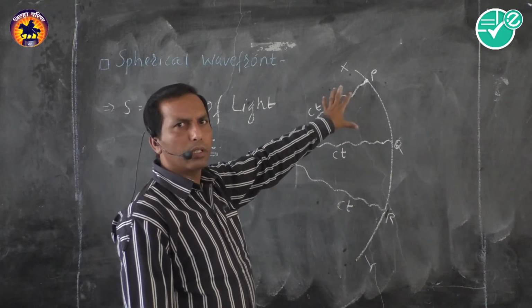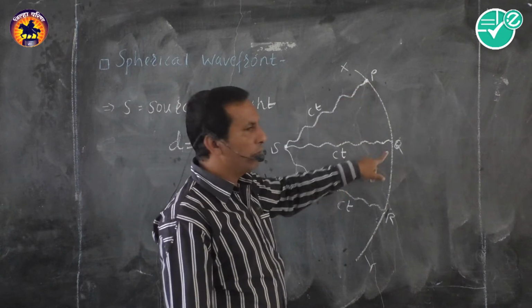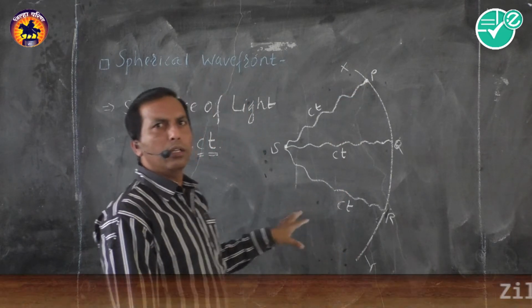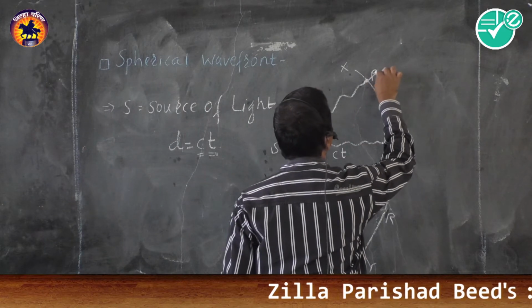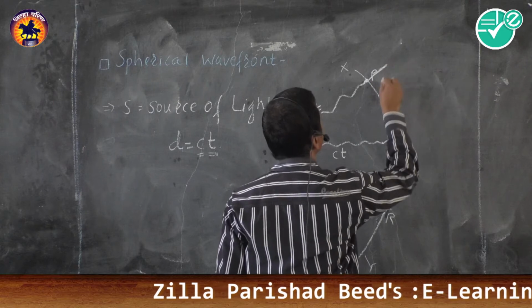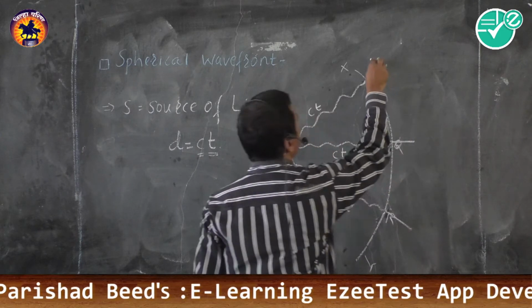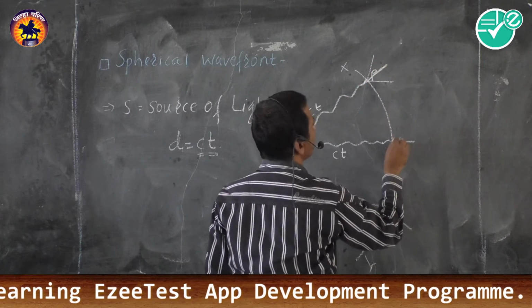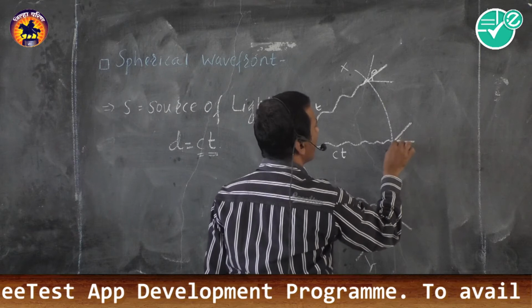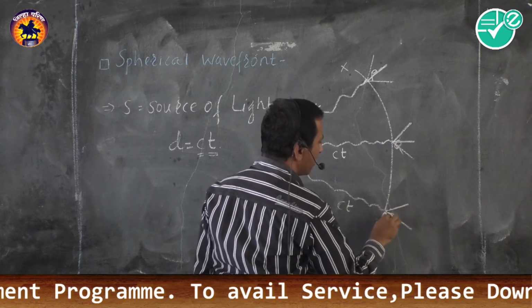It is like a sphere, a spherical wavefront. Points P, Q and R act as secondary sources of light and emit light in the forward direction, and also in all possible directions, not only forward.